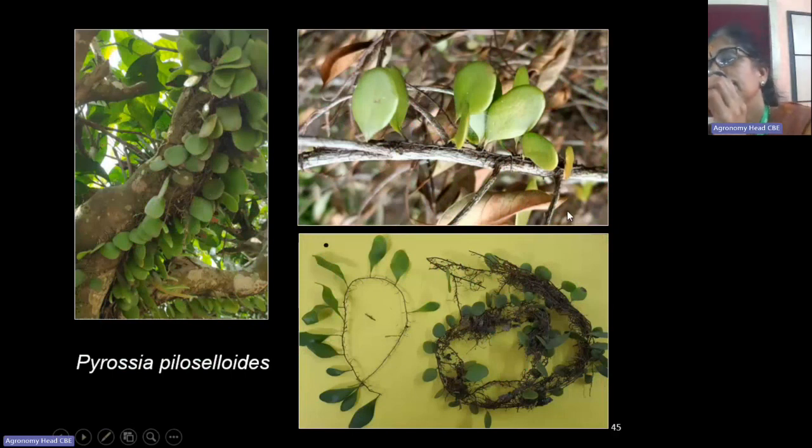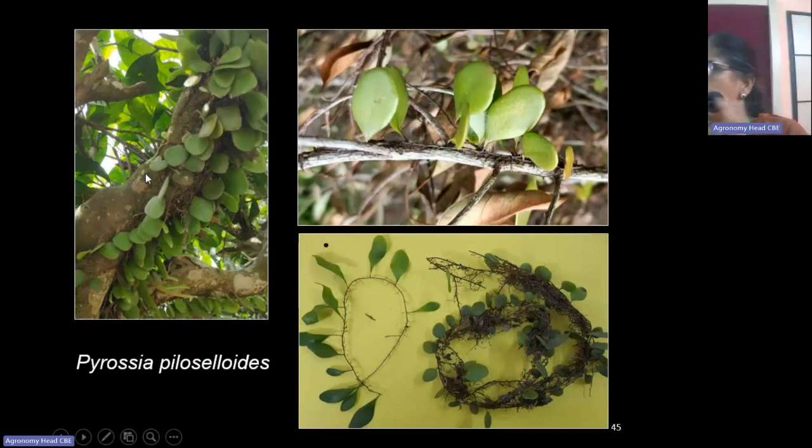Another problem in humid areas in Kerala is the dragon scale fern. See, it's like a dragon's scale, isn't it? This is called Pyrrosia piloselloides. Its common English name is dragon scale fern because it resembles the scales of a dragon.